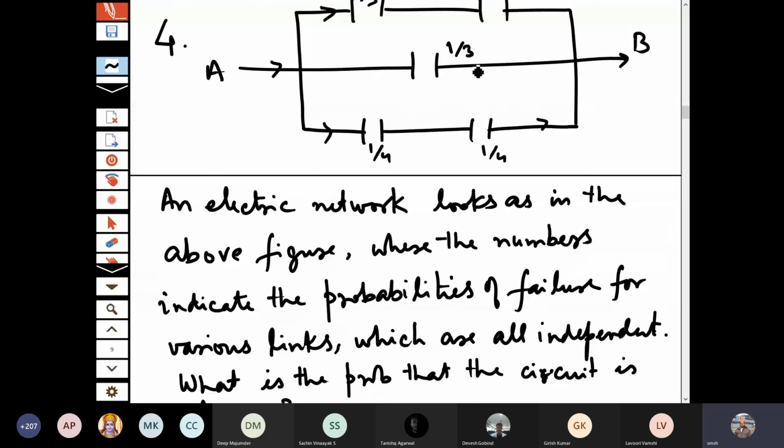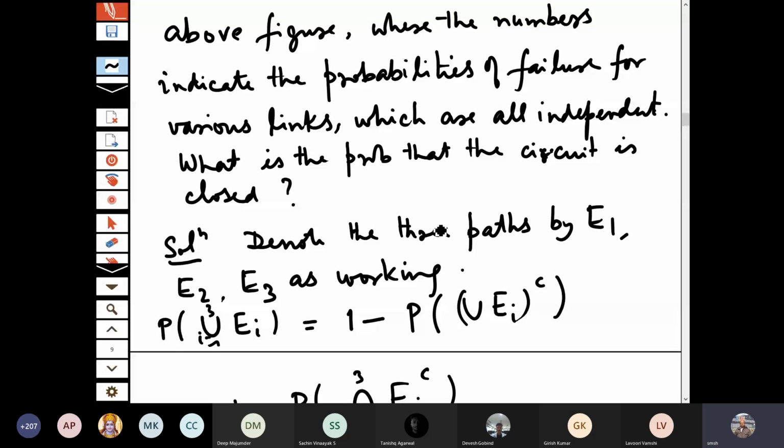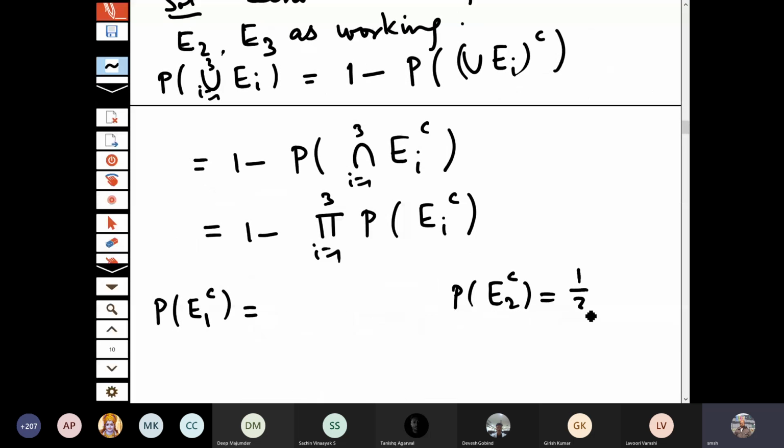That probability is 1 by 3. So this will become simply 1 by 3. For the first one, the probability of failure is 1 by 5. So failure will happen if either of them fails or both of them fail. So we can consider 1 minus that both of them are working. So it will become 1 minus (4 by 5) square.